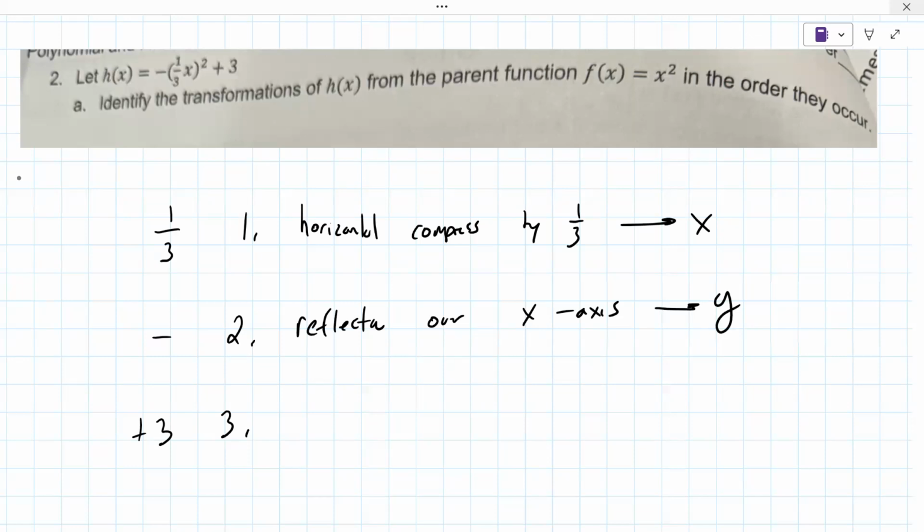All right, got it down. Plus 3 is a vertical shift by 3, up 3. And this affects the y value.